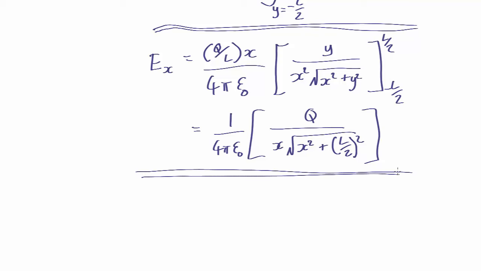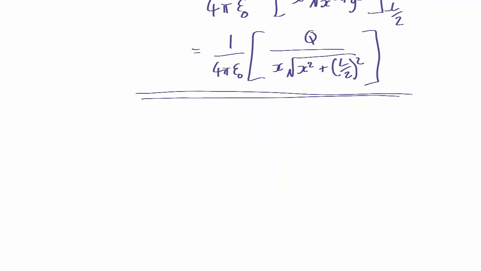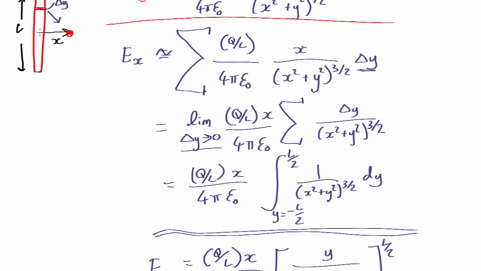You can do a similar thing for y. For Ey you would have a y instead of an x up there, and that integral comes out as 0. Now here we've got x, but the situation is symmetrical. We could be going any direction out and get the same answer.